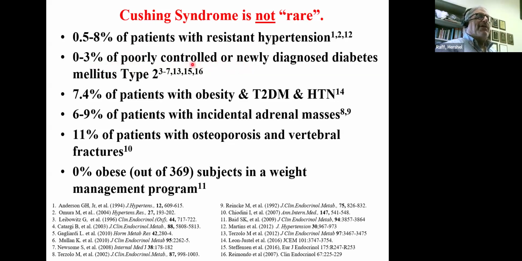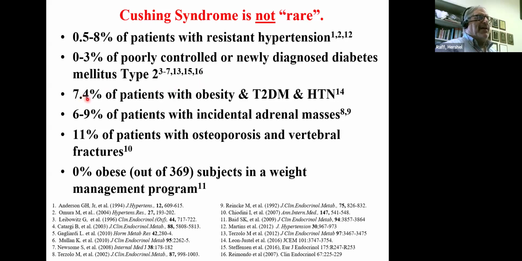And in fact, there's now a clinical trial going on that suggests that because we're better at finding Cushing, it's much more common than that. They're estimating somewhere between 10 and 20% of these patients may harbor a neoplastic tumor, either making ACTH or cortisol.